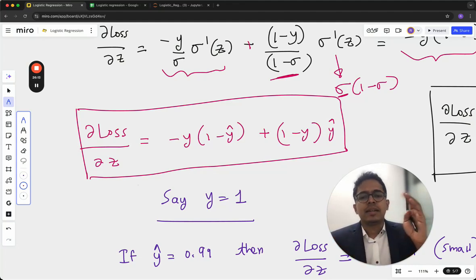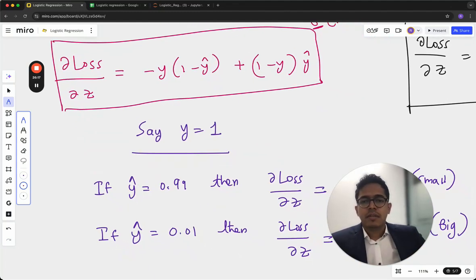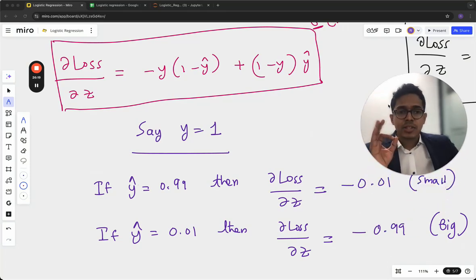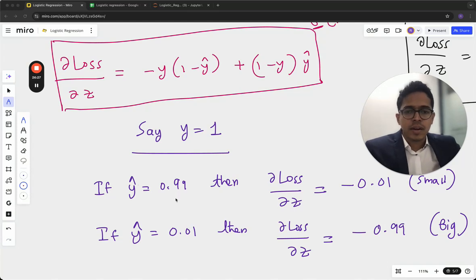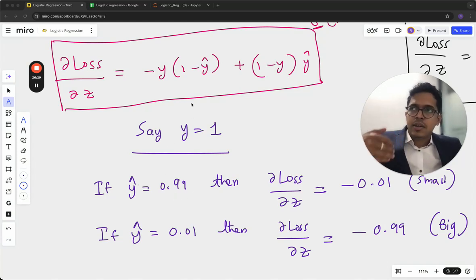So let's imagine that the actual value of y is 1 for a moment, which means the model ideally should predict y cap close to 1. If y cap equals, let's say, 0.99, which is fairly close to 1, then the amount of change that we should bring to w or b, the parameters that we are trying to optimize, should be very small, which means the rate of change of loss with respect to z should be negligible.